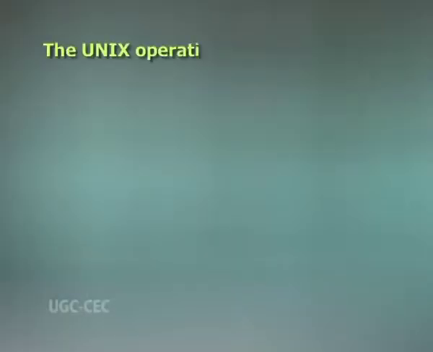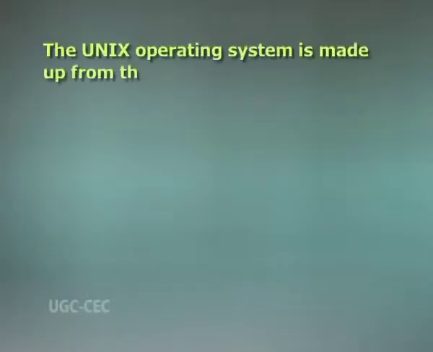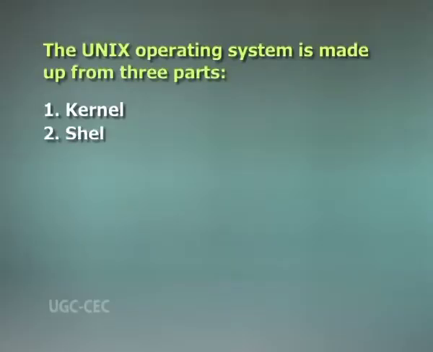The Unix operating system is made up of three parts. First is the kernel. It is the hub of the operating system, dedicated to memory management, file management and communication within the system. Second is the shell. It is an interface between the kernel and users. When a user logs in, the login program matches the username and password and then starts the shell.